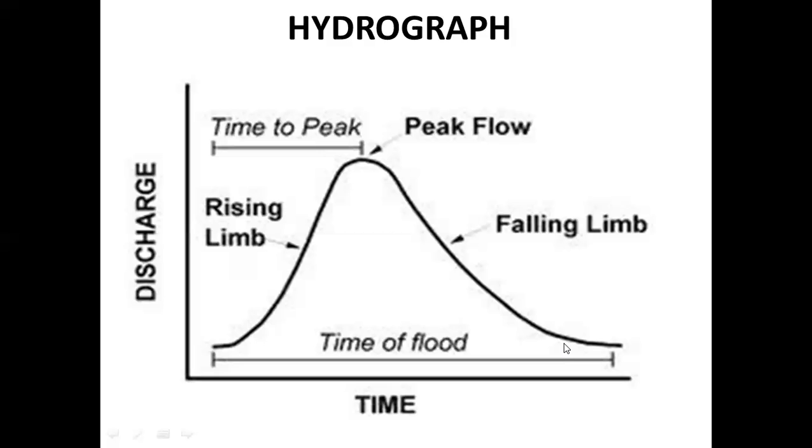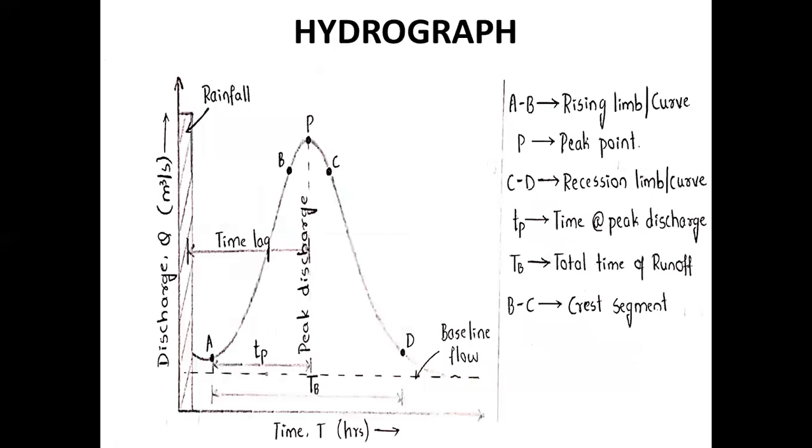If you have to explain this, then you have to explain these points one by one. They might ask you to explain the hydrograph with its salient points, so you are supposed to draw this diagram, naming all the points as A, B, P, C and D, and this is the baseline flow.